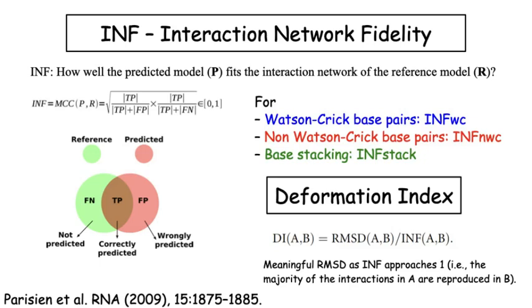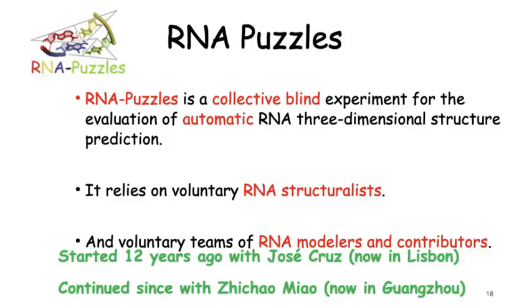RNA-Puzzles is a collective blind experiment, so it's really equivalent to CASP for proteins. We need RNA structuralists and volunteer RNA modelers. We started 12 years ago, and now it is Teach Amiao in Guangzhou who continues this. The main difference with CASP is that we accept puzzles continuously on a rolling basis, because there are not too many.